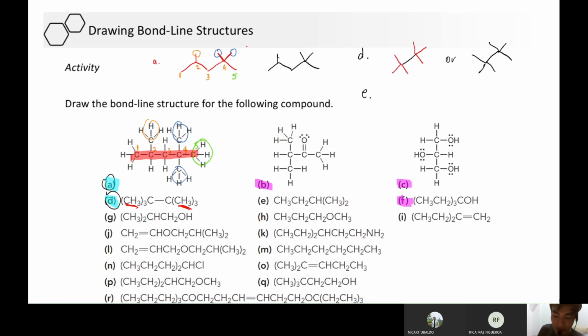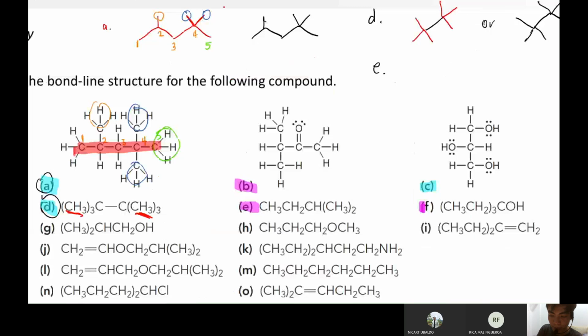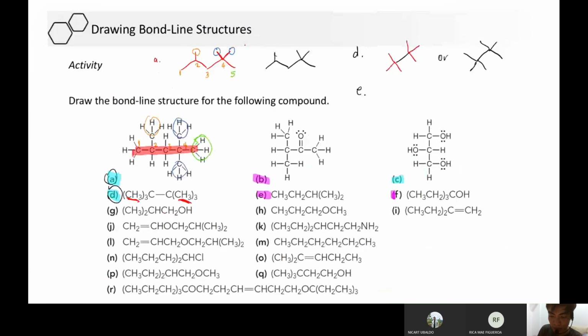Palitan ko na lang tong E. Sa inyo na yung F. Itong C. Sa inyo na yung letter E. Madali lang siya. Teka lang. Na-erase ko. Okay. So, I'll go with letter C. Sige. Letter C.